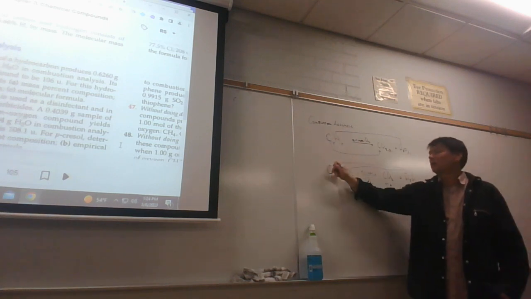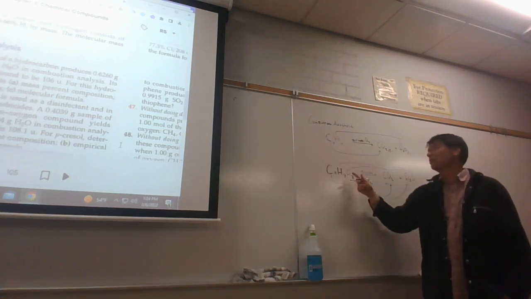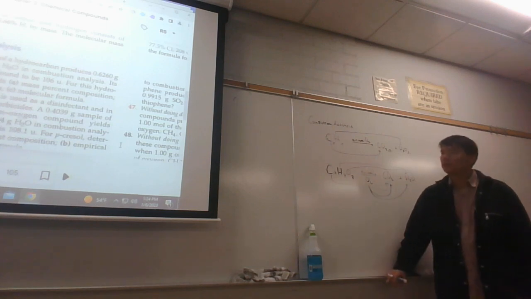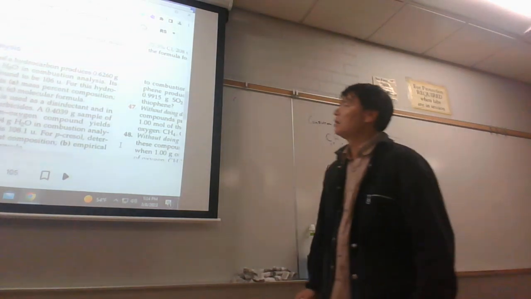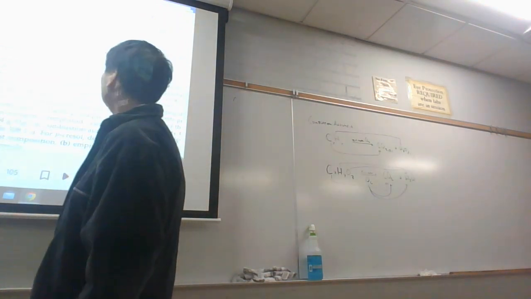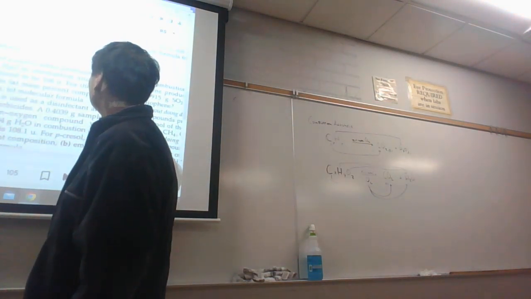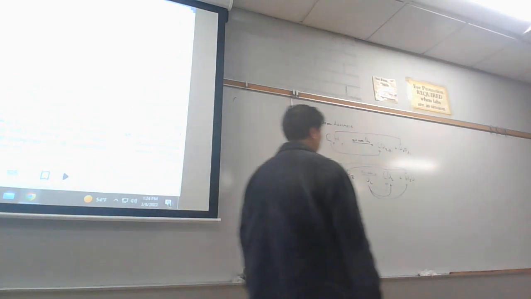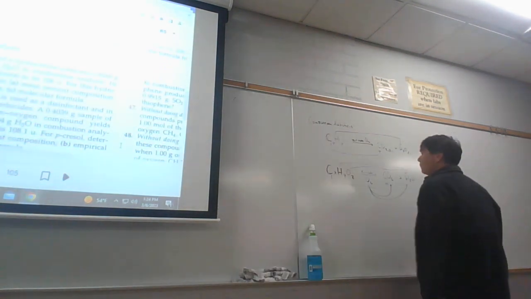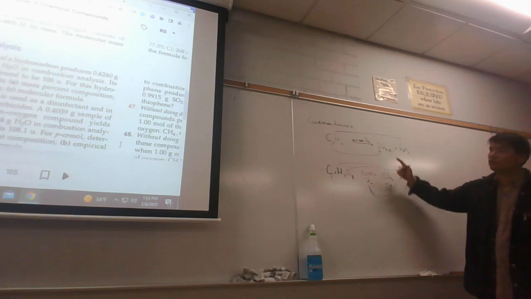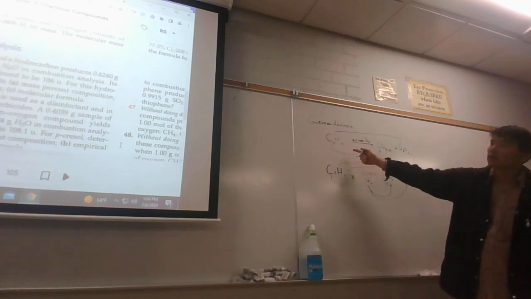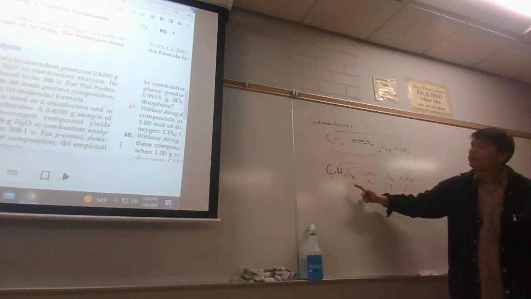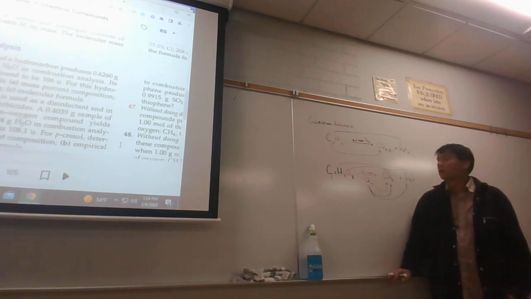And so the carbon we can track, the hydrogen we can track, but the oxygen we can't. And we can get the oxygen by doing a difference. So I'll do number 44 instead. The difference between 42, there's no oxygen, or 43. 44, there is oxygen. And so with oxygen, we have to do something a little bit different.